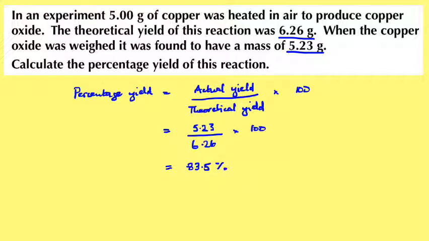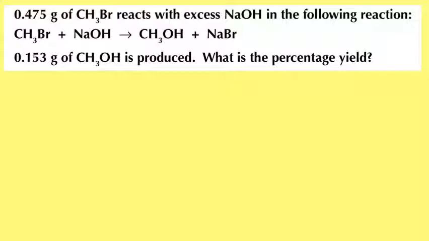Simple as that. Okay, let's have a look at another example. Here we have 0.475 grams of bromomethane reacting with excess sodium hydroxide in the following reaction.